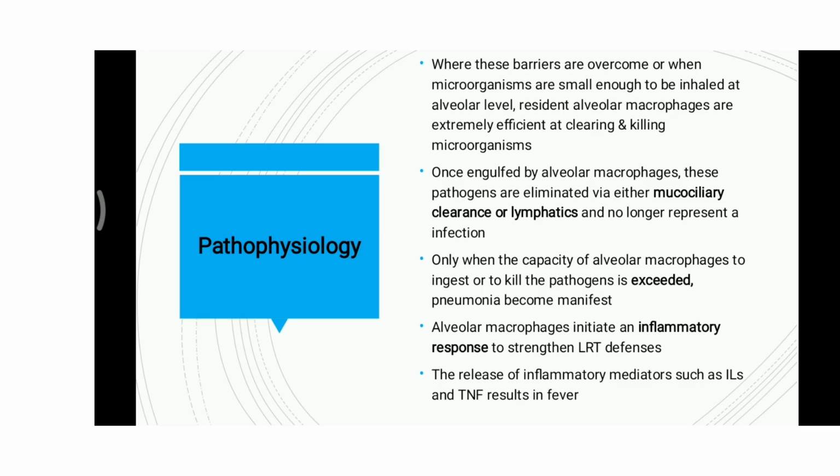Once engulfed by these alveolar macrophages, when all four primary barriers are overcome or are not working sufficiently, the alveolar macrophages come into the picture. They engulf the pathogens, they kill them, they eat those pathogens, and the pathogens are eliminated via mucociliary clearance or lymphatics.